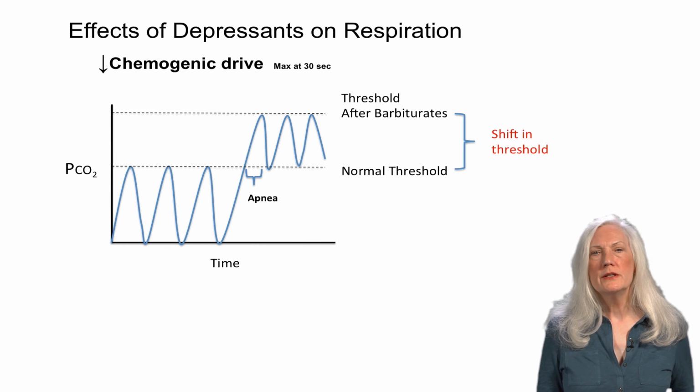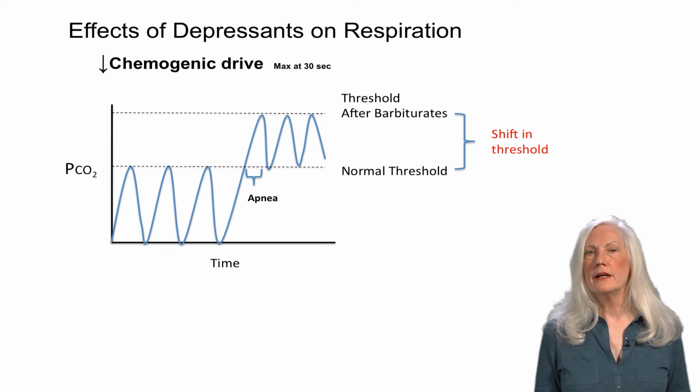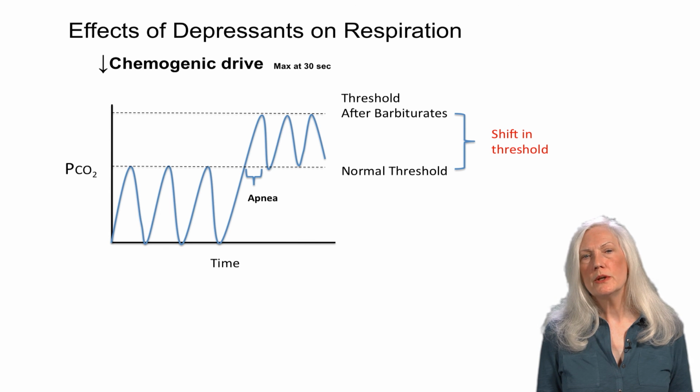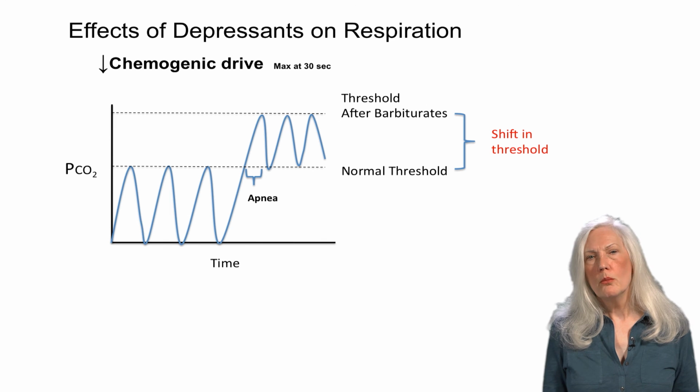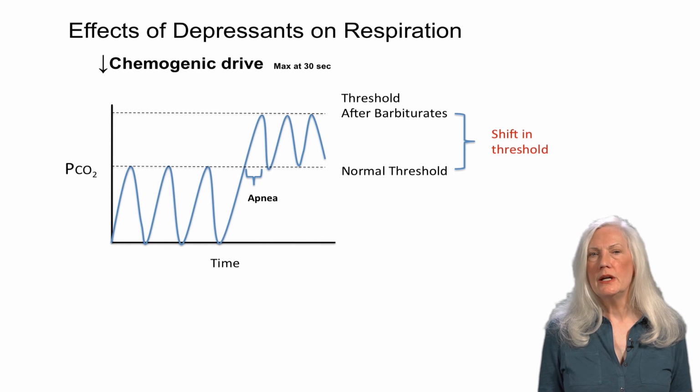After the intravenous injection of most injectable anesthetics, the threshold for PCO2 that's required to initiate a new respiratory excursion is increased. This means that more PCO2 is needed to initiate not only the first breath after the injection, but for each one thereafter.